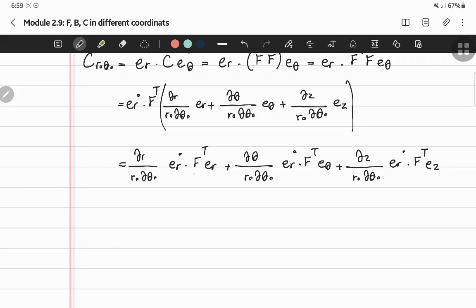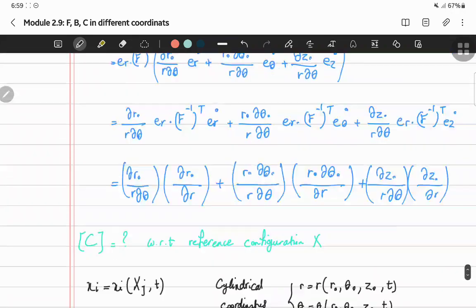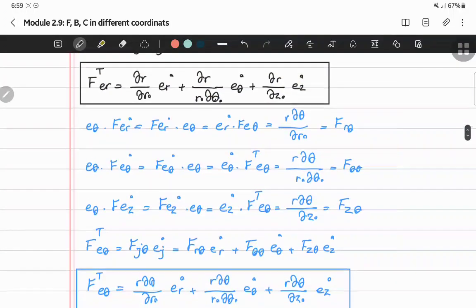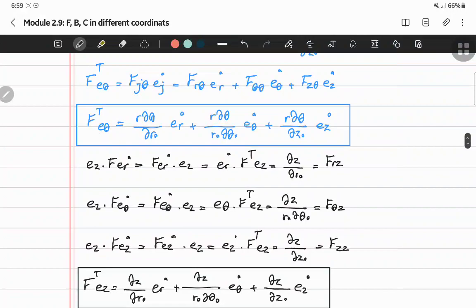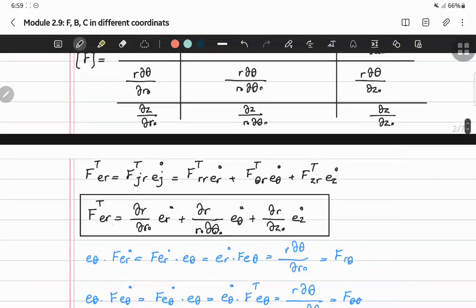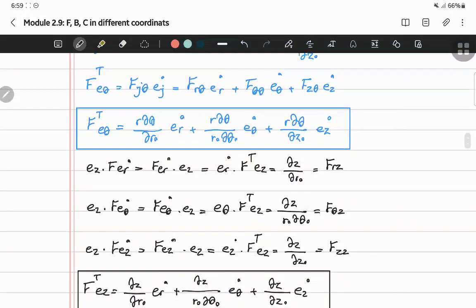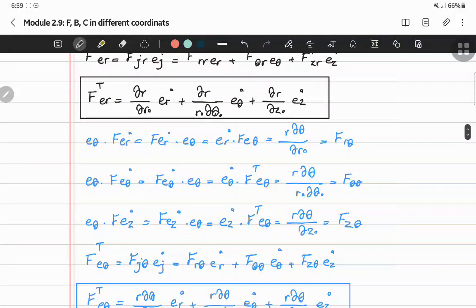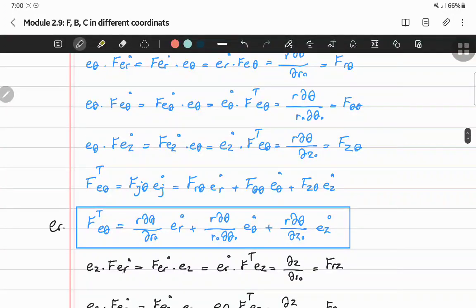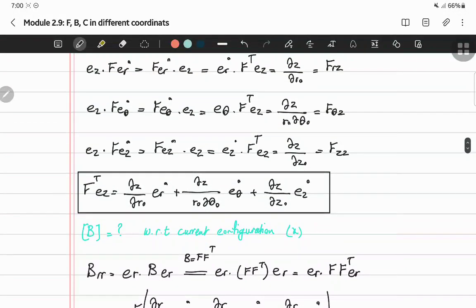And F transpose ER is already in here. F transpose E theta is here. F transpose ER is also here. And F transpose EZ is also here. So we have to find ER0 dot. It just leaves us with the first term. Then again, ER0 dot just leaves us with the first term, and ER0 dot F transpose EZ just left us with the first term.